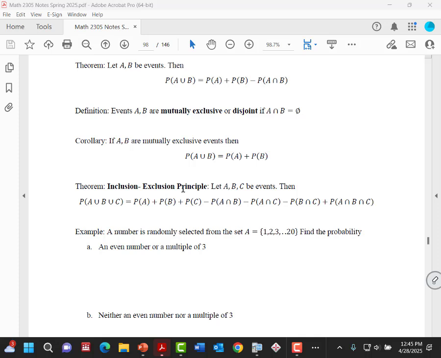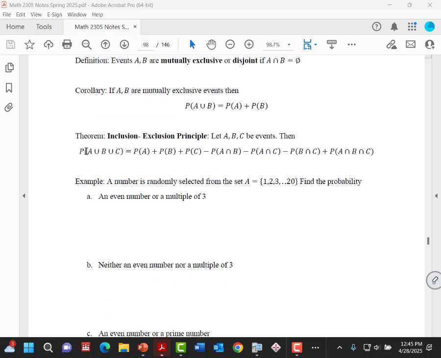Now, in the same way that we have the inclusion-exclusion principle for sets, we also have it for probabilities. So the probability of A or B or C equals the probability of A plus the probability of B plus the probability of C. So I add the 3 individual probabilities together, subtract the probability of their pairwise intersections.